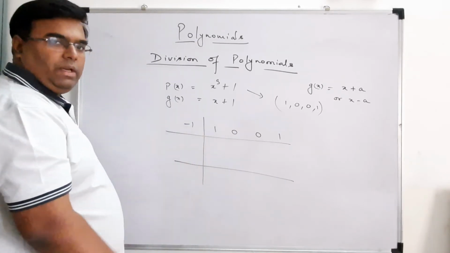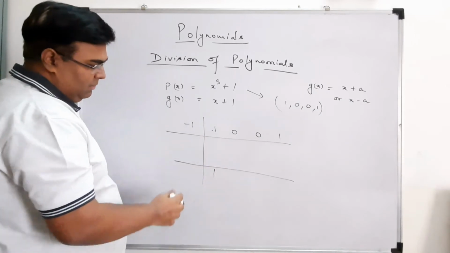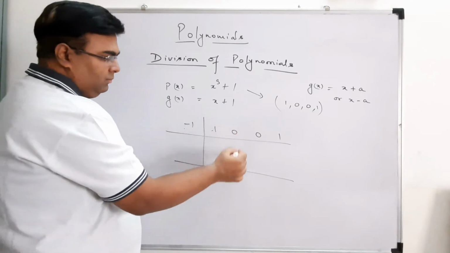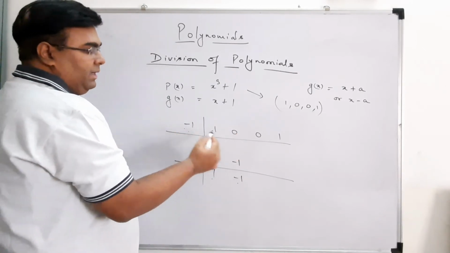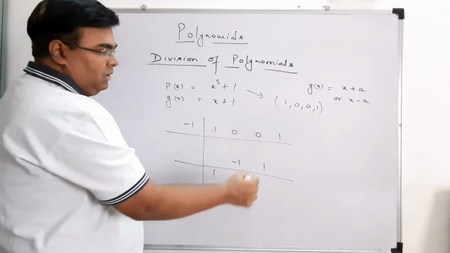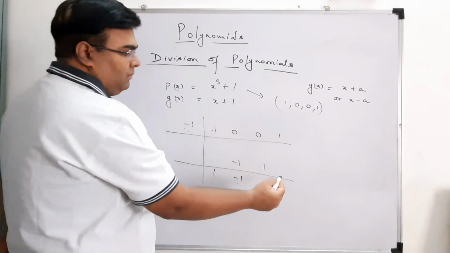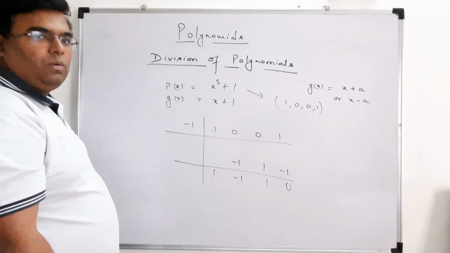Okay, so let us make 3 rows here, and for the first row we will write like this. The value is -1 here. First element as it is, multiply 1 by -1 will give you what? -1. Add this, -1, multiply -1 by -1, plus 1, 0 plus 1, then multiply 1 by -1, add these, 0.